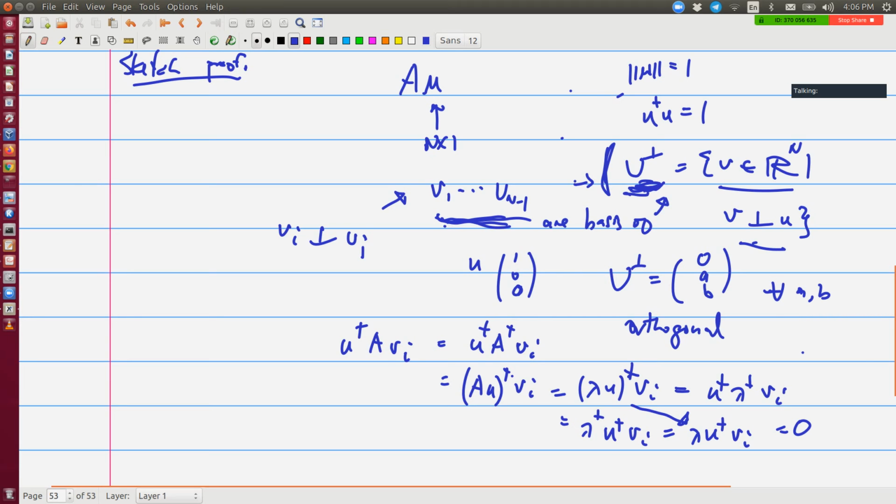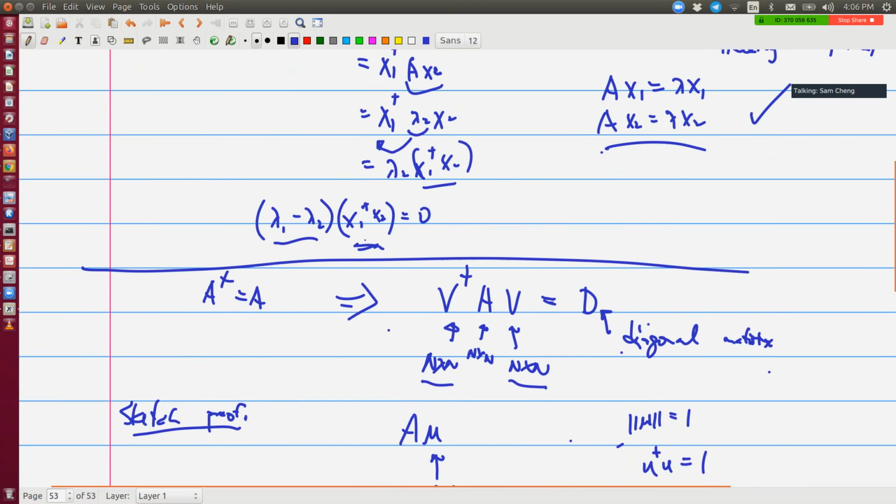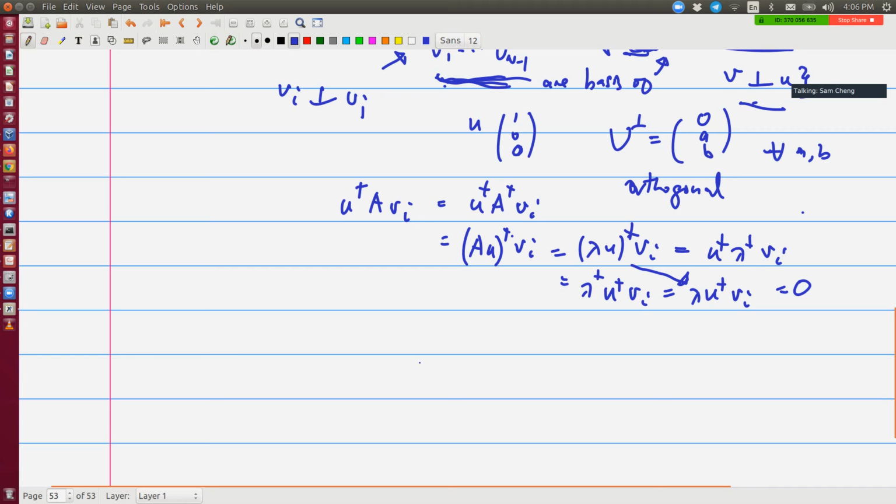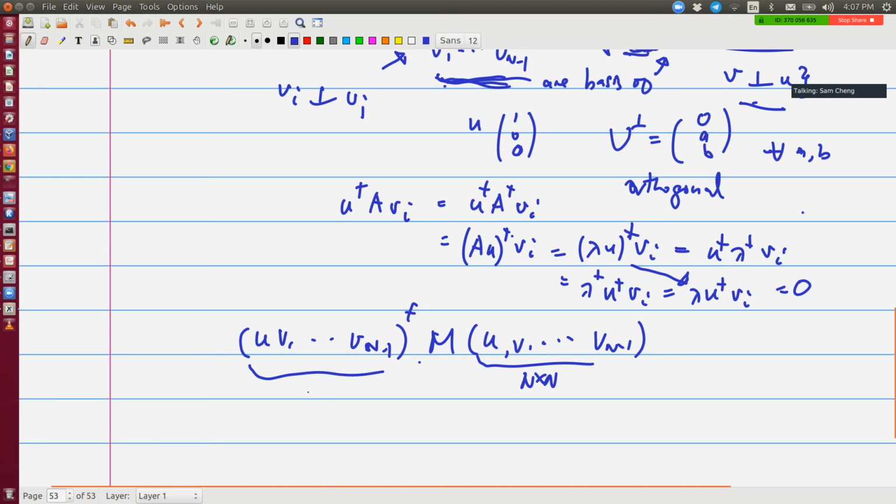Now if I consider the matrix with columns U, V1 up to Vn minus 1, Hermitian, times A times U, V1 up to Vn minus 1, this is basically an n by n matrix.